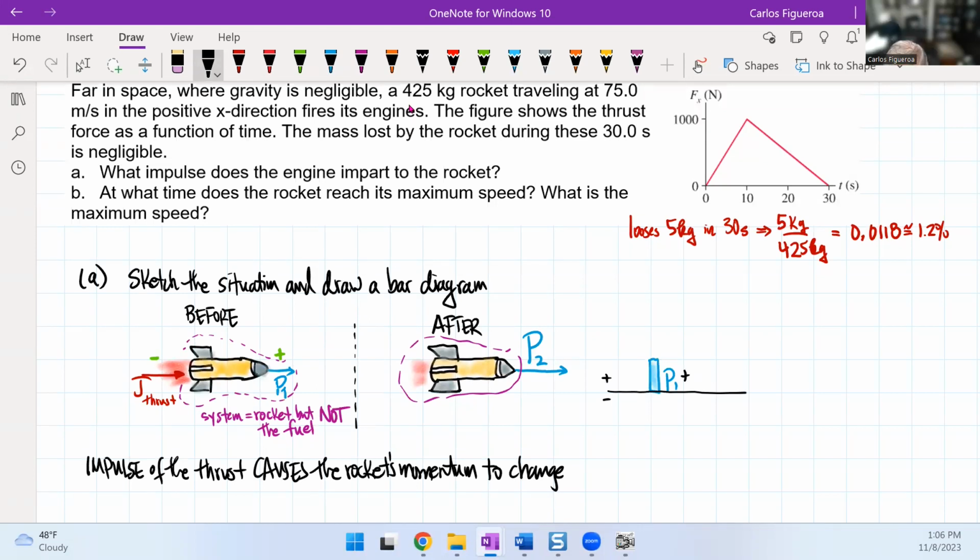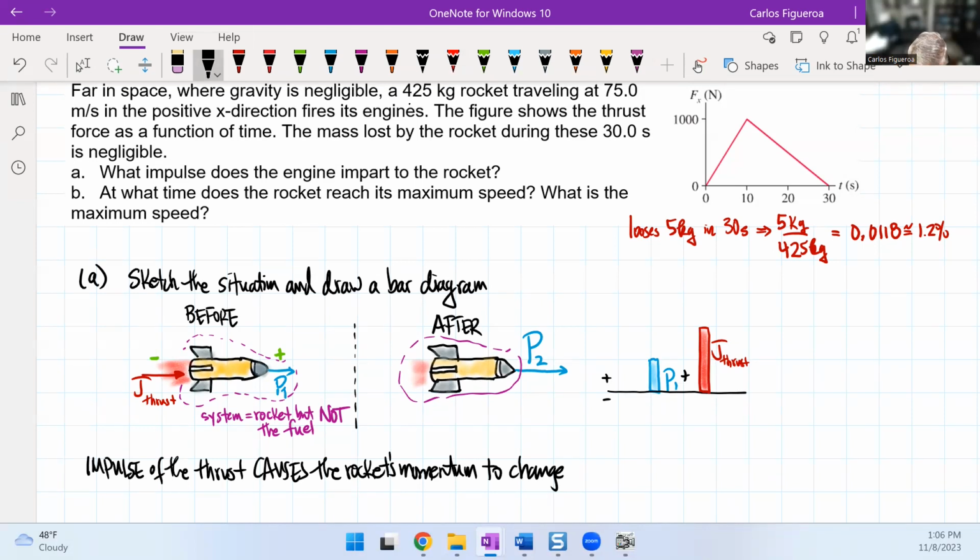What happens now is that the rocket applies an impulse. And we're going to say here that this thrust impulse is about this big. So this is the cause of the rocket's change in momentum.